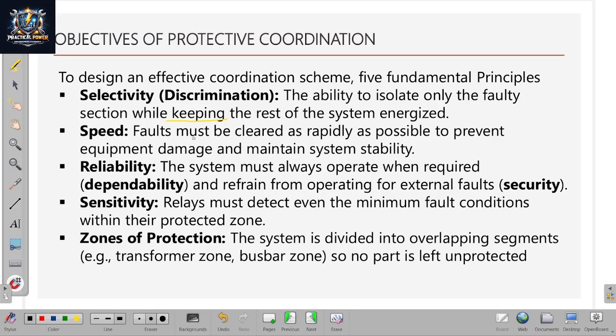The fault must be cleared as rapidly as possible to prevent equipment damage and maintain stability.